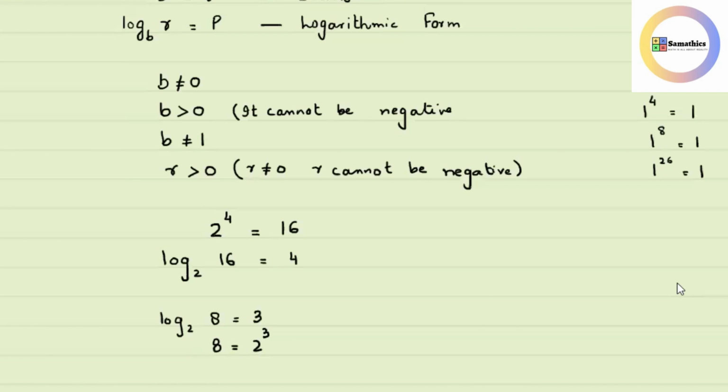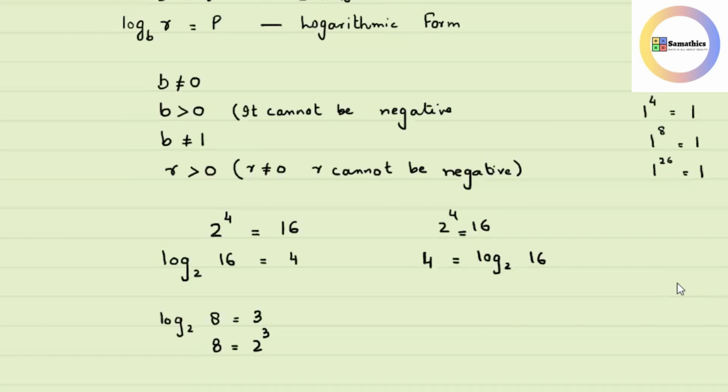Like here what we did, we wrote 16 here, 4 here, and that 2 becomes the base of the log, right? You can do it in this way. If 2 power 4 is equal to 16, you can write on this side log 2 of 16, apply log with this, and here you can write 4. So it will be easy to remember.